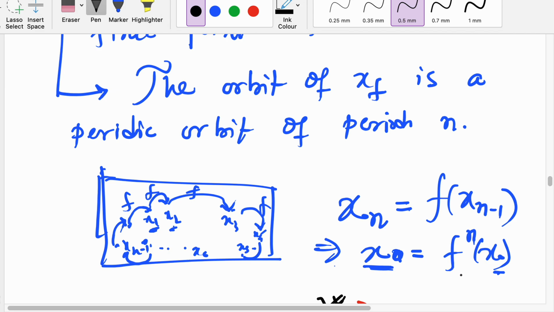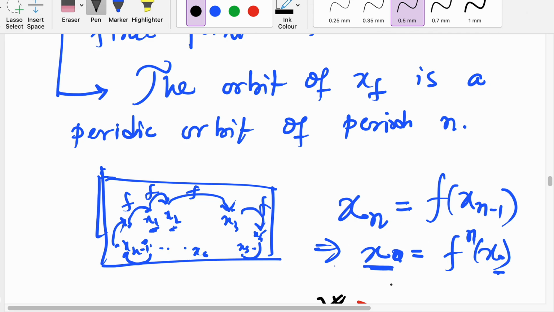That means if I apply f n times, x0 returns to its initial value. So x0 becomes a fixed point that remains fixed under the action of f^n, which is nothing but n times iterative application of f, or n times composite of f. So that is a fixed point.